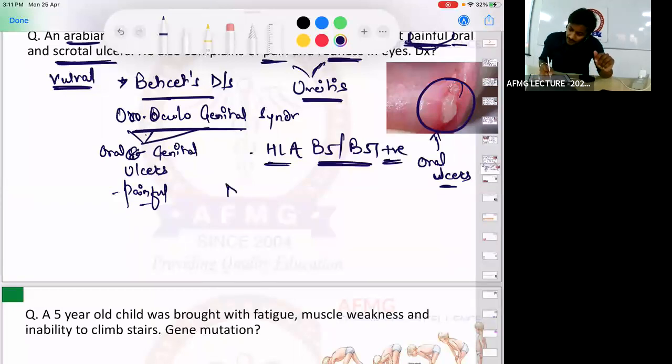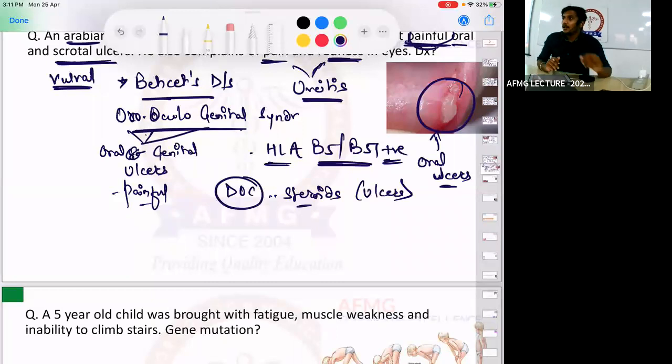What is the drug of choice? For oral ulcers, usually we can give topical steroids. But for anterior uveitis, steroids are not given because they can lead to corneal perforation.